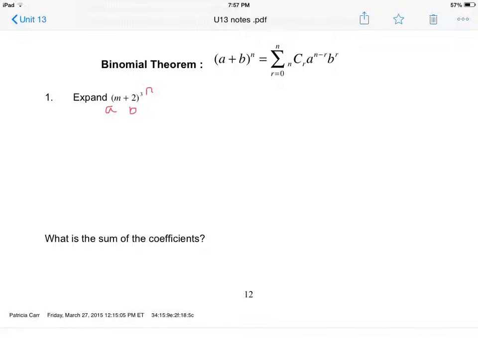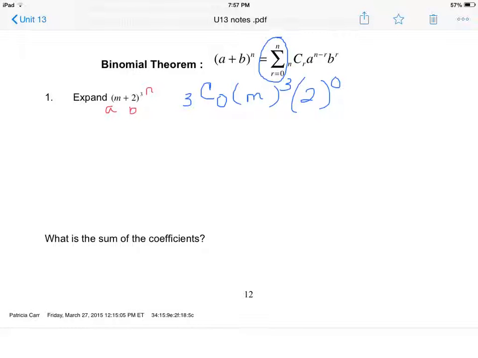Okay, so it's a combination of, starting off with a combination because we're going to take the summation at the end, of 3 and r in the combination. According to the summation here, it starts at 0 and goes to the end. So it's 3 choose 0 times my a value, which is m, raised to the n minus r, 3 minus 0 is 3, times my b value, which is 2, raised to the r value, which is 0.